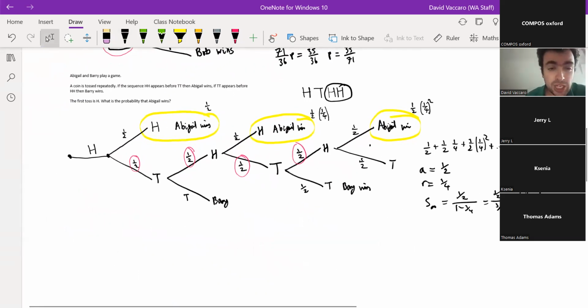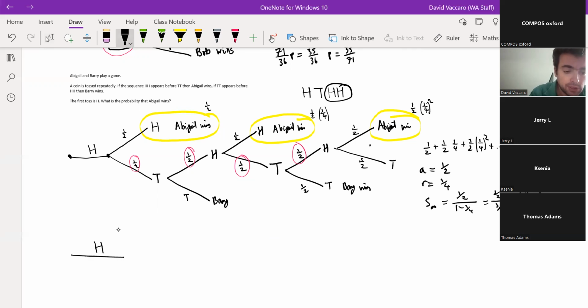Can anyone suggest in the chat how you could make regeneration work in this example? So again, we've got the first toss. And Abigail can win straight away.